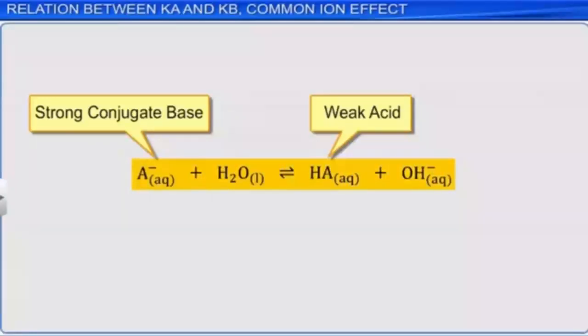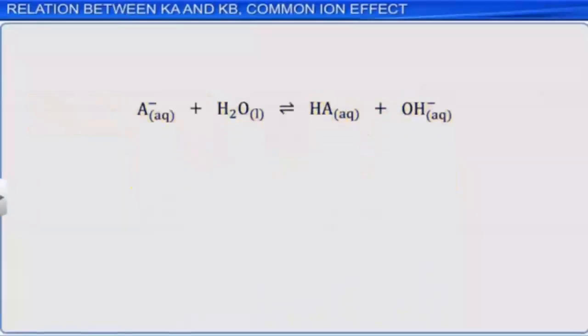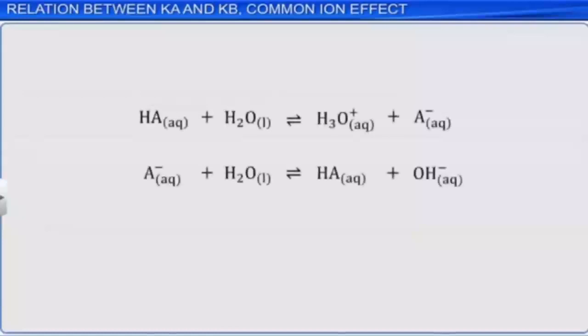The base dissociation constant, Kb, for the dissociation of this base can be written as the product of concentration of HA and OH minus ion divided by A minus. On adding these two reactions together, the common terms cancel out, leaving the autoionization of water.